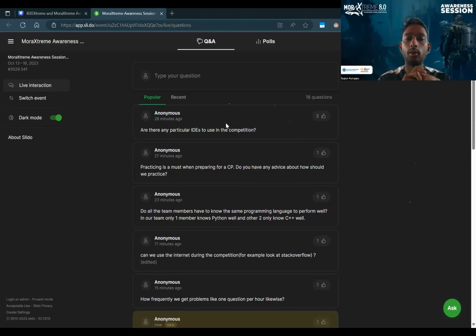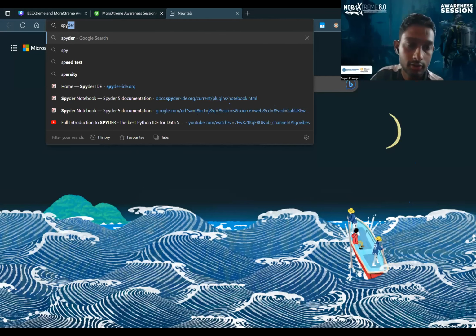What I personally found to be a very good IDE for me during the IEEE Extreme is an IDE called Spyder. The reason I like it is you can debug very easily.